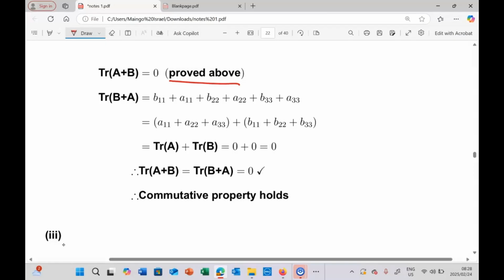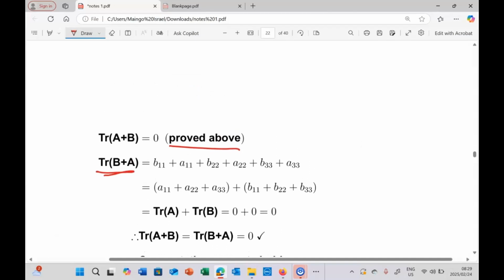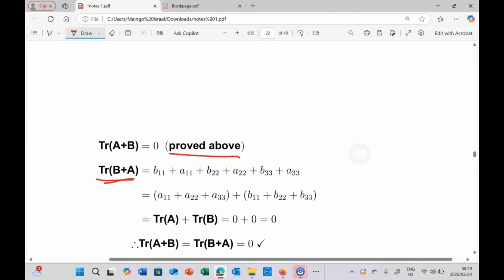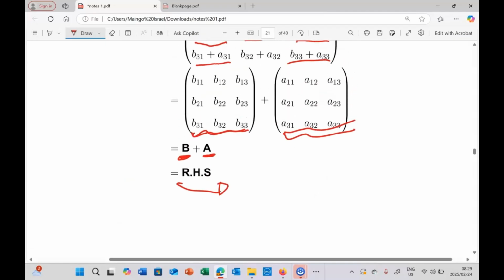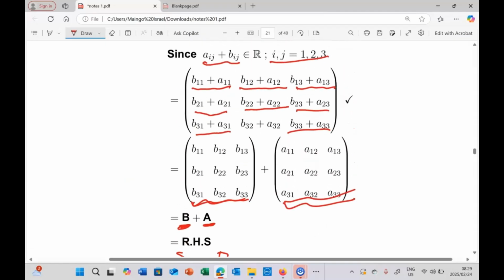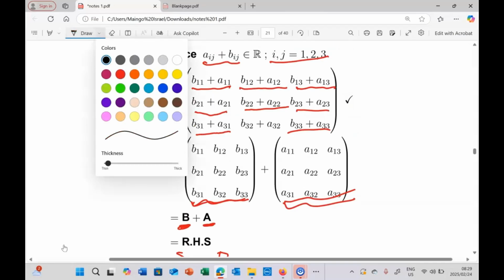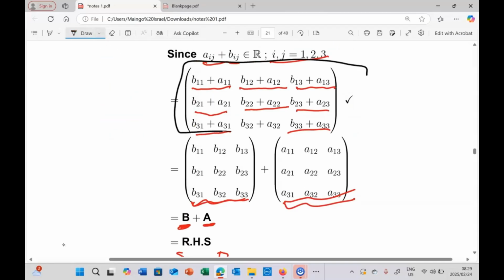under vector addition, that means we're left with proving the trace of B plus A, which is adding the diagonal elements of B plus A. What is B plus A? You know that B plus A is this one.